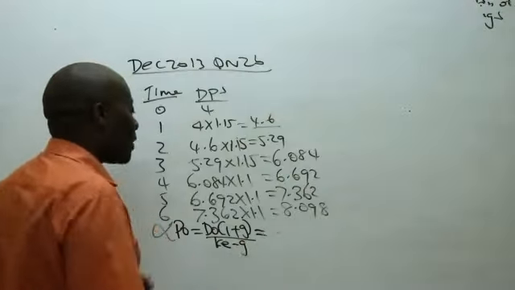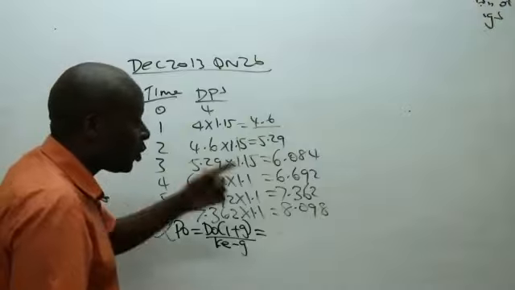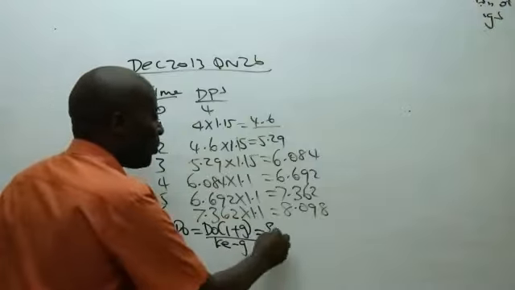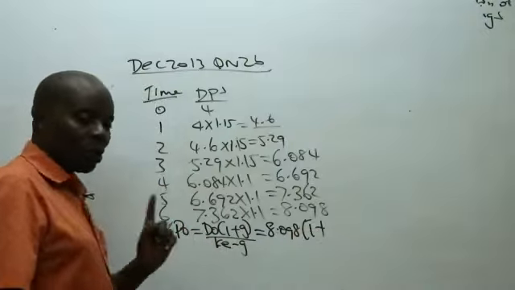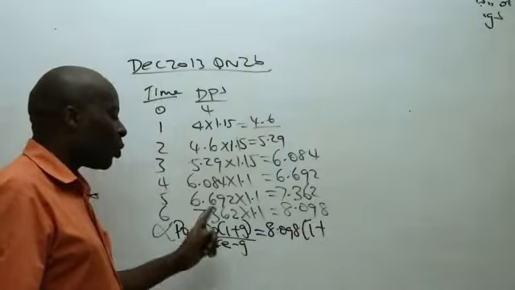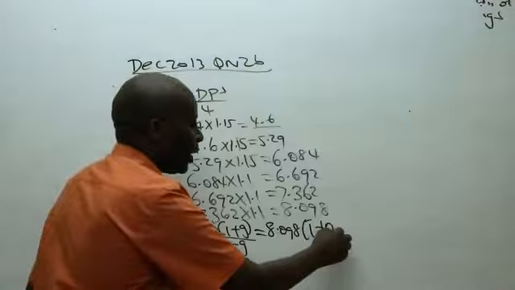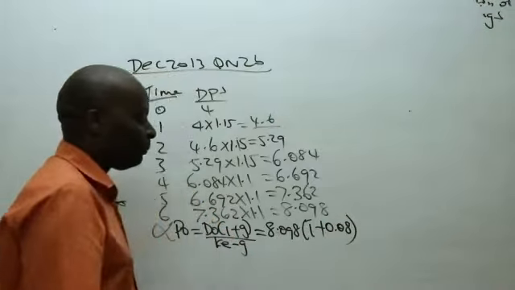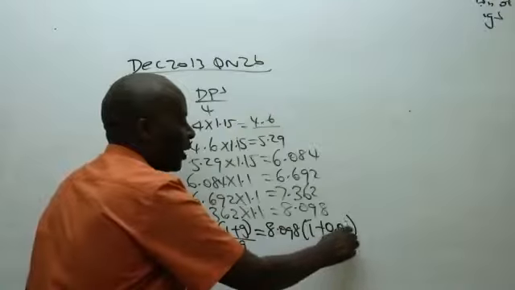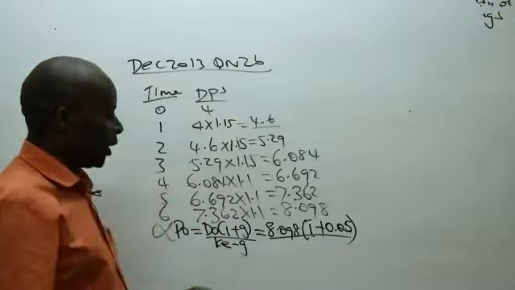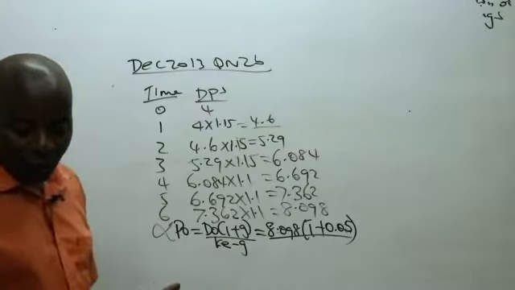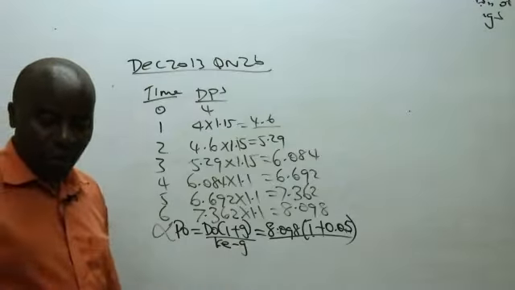Therefore, our most current dividend that we have, ladies and gentlemen, is this one, which is 8.098 into 1 plus the perpetual growth rate. The perpetual growth rate that this examiner has given us is 0.05, 5%, all over the cost of equity. In the case that the cost of equity is not given, always use your cost of capital.